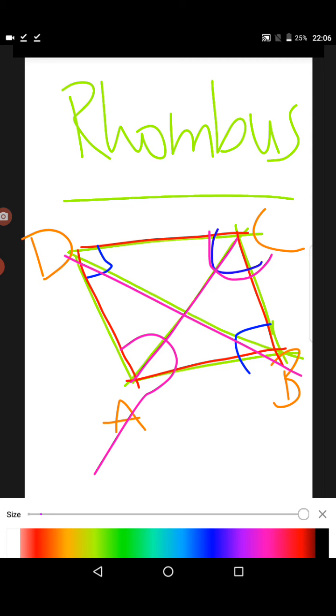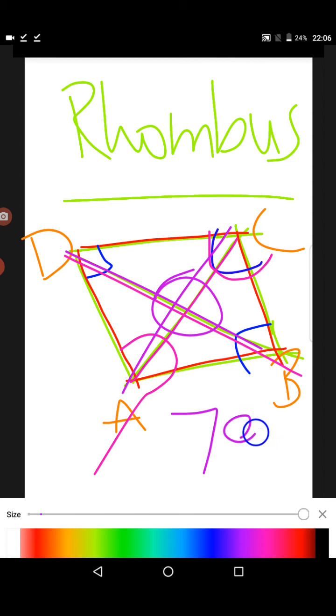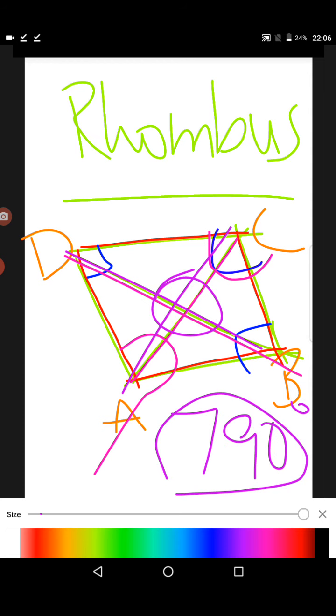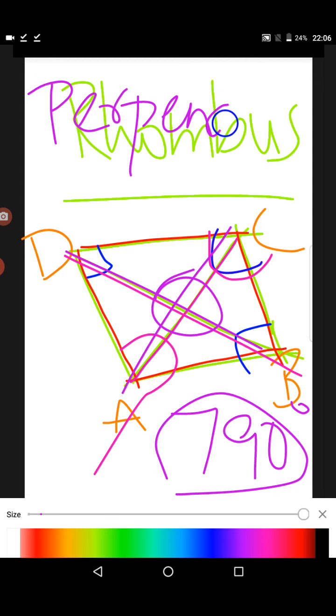These diagonals bisect at 90 degrees, right here. It is 90 degrees, and if they are bisecting at 90 degrees, they are called perpendicular, right? So this is about rhombus.